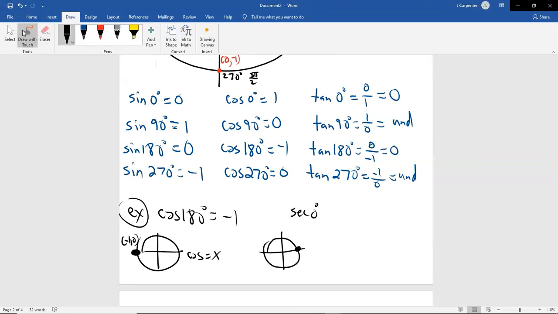You just put a point where 0 degrees would be on there. Again, that's radius 1, so that point has to be 1, 0. Secant is flipping cosine, so that's 1 over cosine of 0 degrees. The x value here is a 1, so this is 1 over 1, which is 1. That's it.